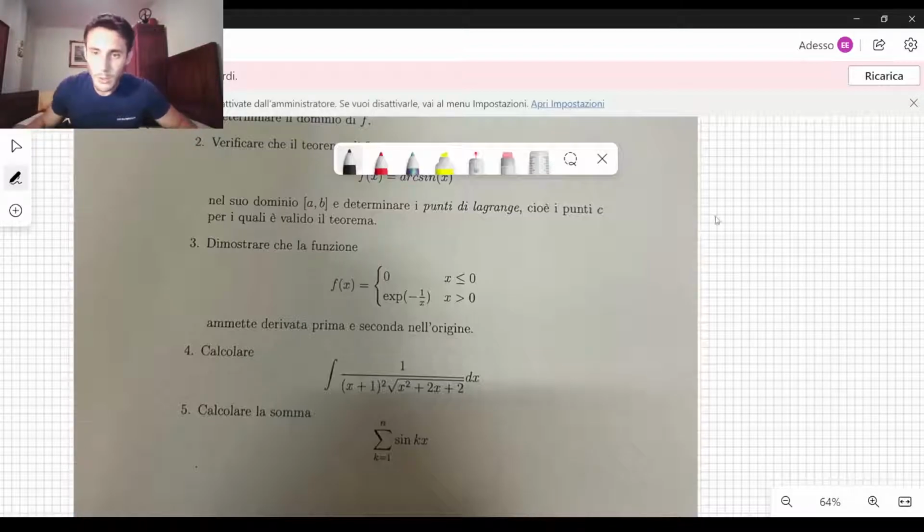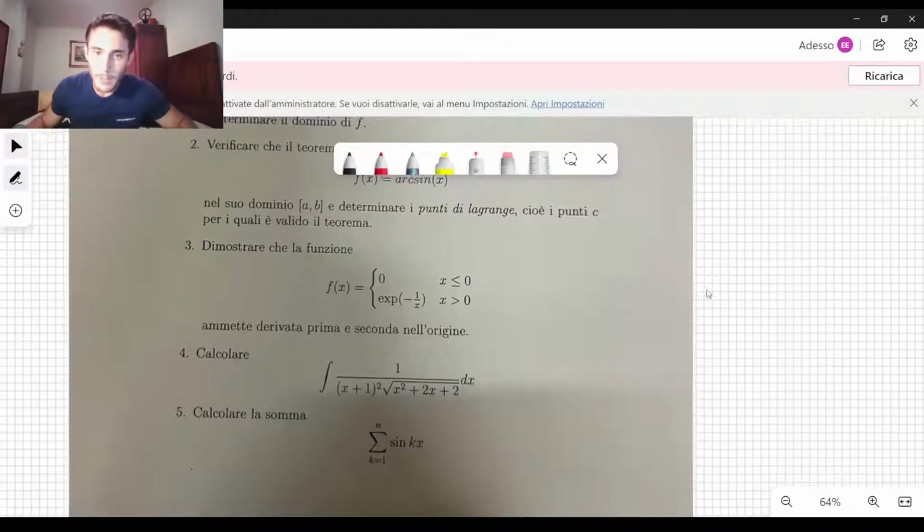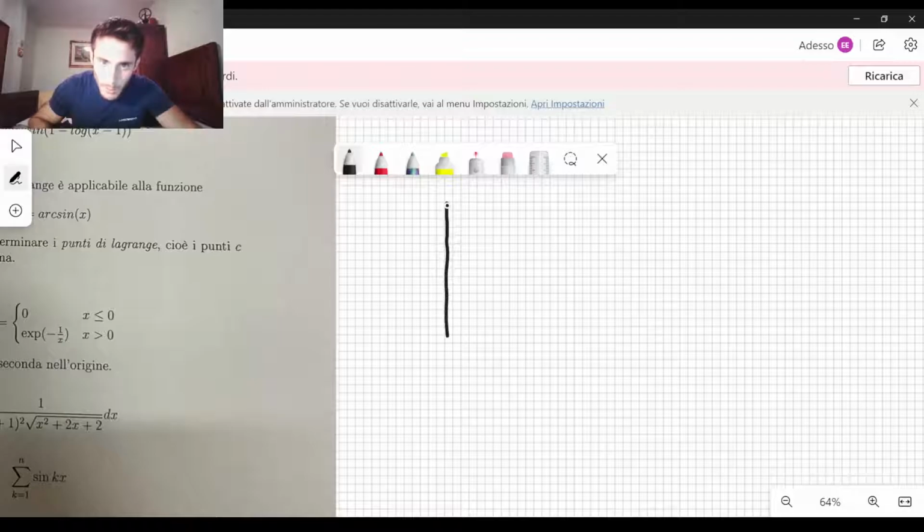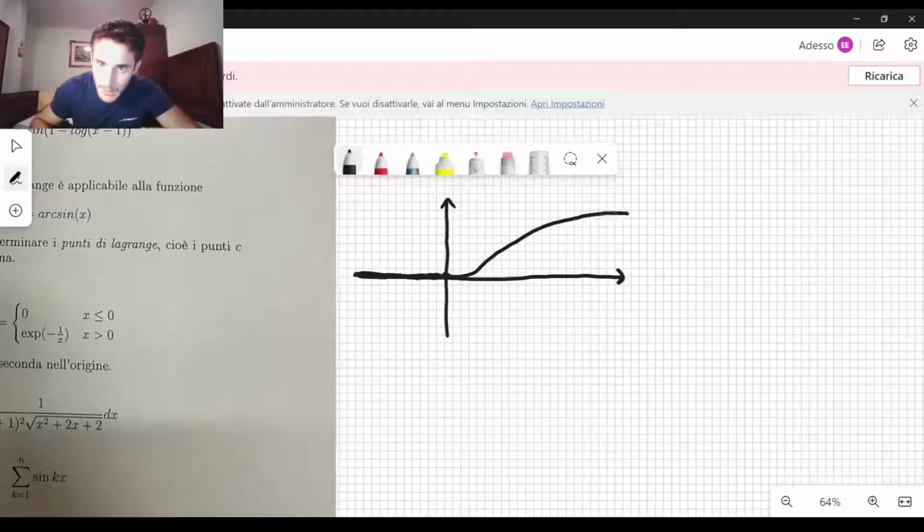So I want to solve this exercise, this problem here. Well, the function has the following shape. It is quite easy to, let's say, sketch it. Here it will be 0 for x less than or equal to 0. And at the point x equal to 0, it will be something like this. It will behave exponentially in this manner.